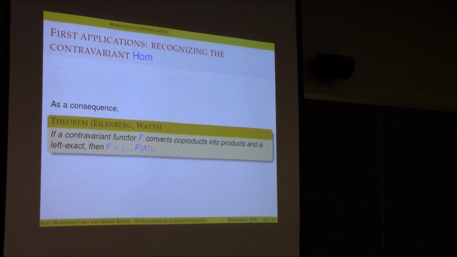If you know that the contravariant functor converts coproducts into products and is left exact, then that's Hom. So it's pretty much the same argument as before, again using the universal properties of the zeroth derived functors.